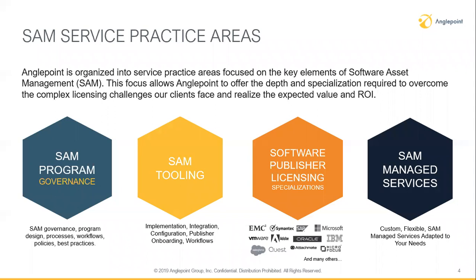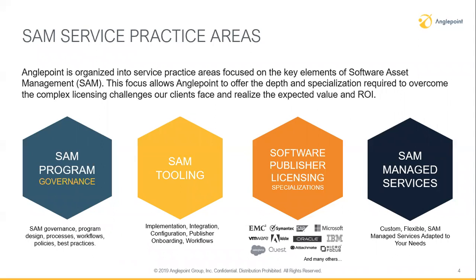Our organization is organized into three major practice groups. So we have a governance practice, a tooling practice, and software publisher licensing practices. The software publisher licensing practice is specific to some of the most common publishers that you can see listed there. So, for example, we're SAP. We also have groups just like us specific to Oracle and IBM and Microsoft and EMC and VMware and Salesforce.